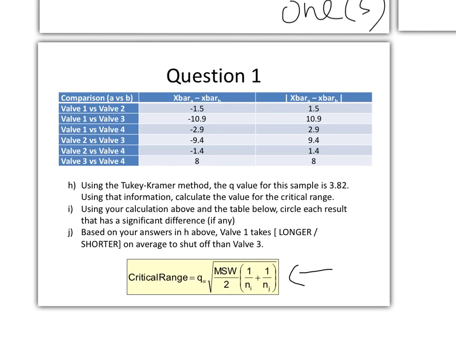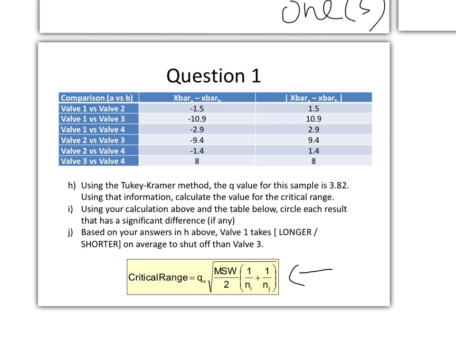We've got a Q value, Q for our alpha value, and then we need the mean squares within value divided by 2 and multiplied by 1 over ni plus 1 over nj. So basically what we're going to do is compare each value.